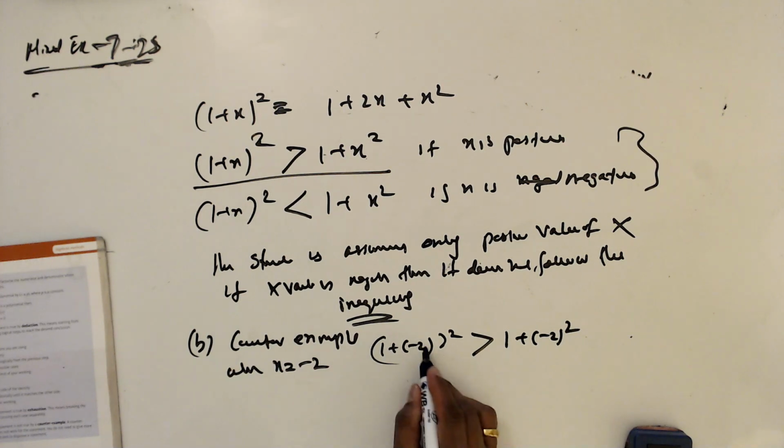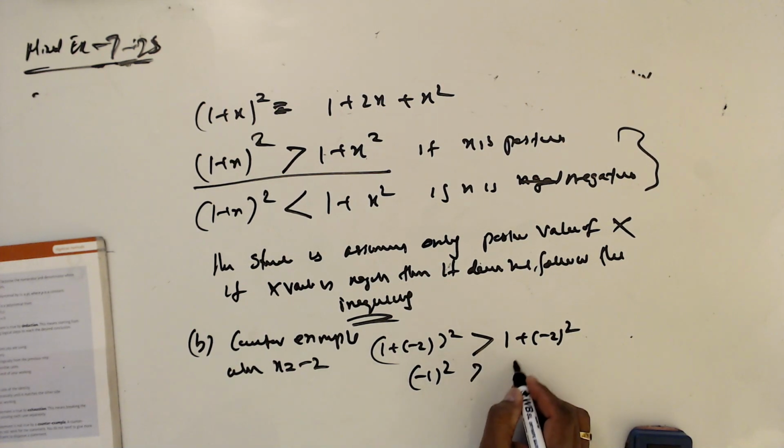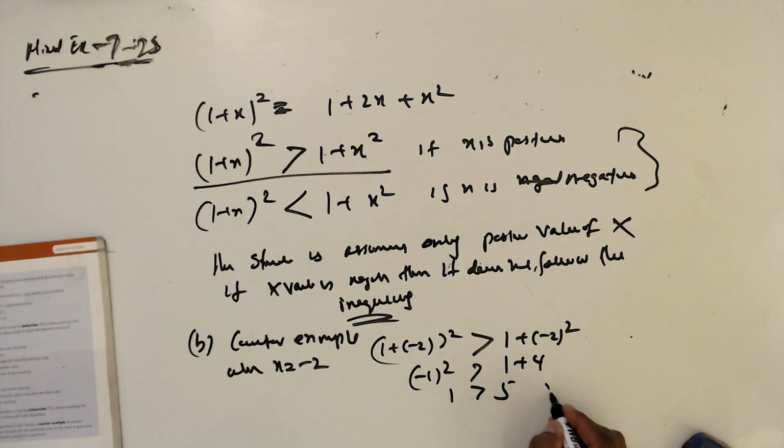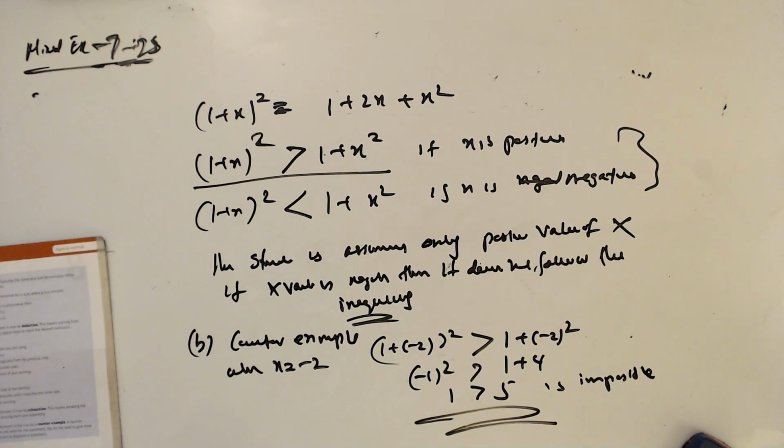This is going to be (minus 1) squared greater than 1 plus 4, which is 1 greater than 5. It's impossible. Hence, the statement is not true.